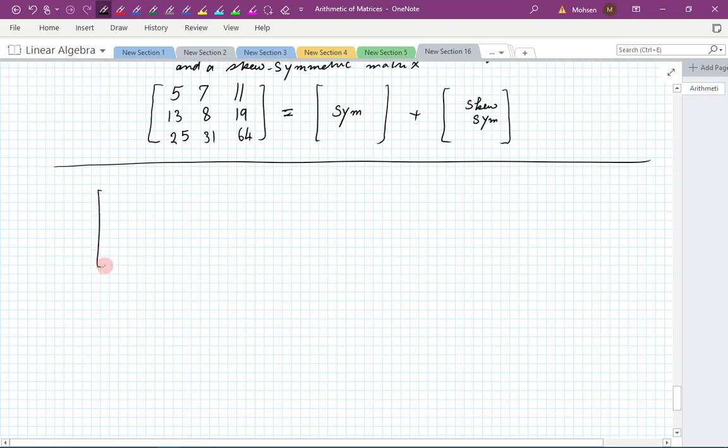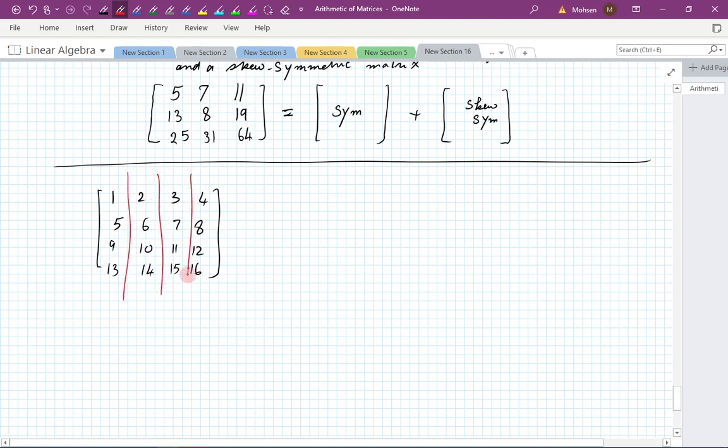So let me write one matrix, for example, 1, 2, 3, 4, 5, 6, 7, 8, 9, 10. It doesn't matter what numbers you have, just something convenient to follow. This is a matrix. So what is a partition? I can partition like this.